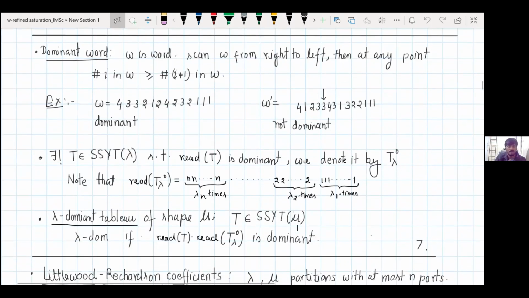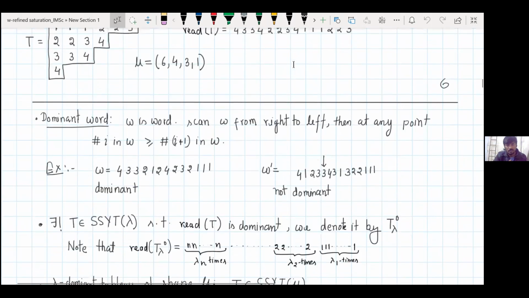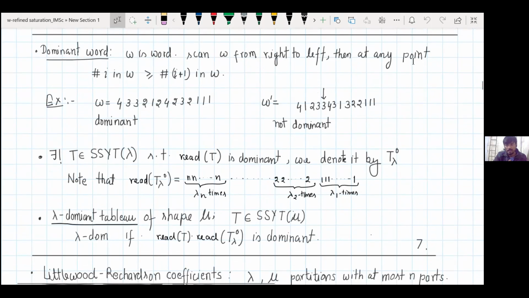We call a word dominant if we scan the word from right to left, and at any point, the number of i's, for i anything from 1 to n, is always bigger than or equal to the number of i plus 1's.